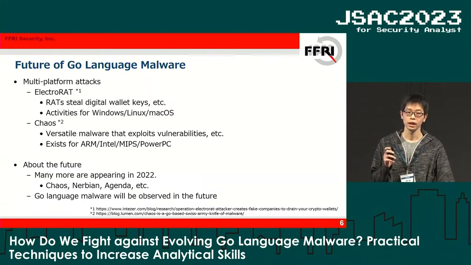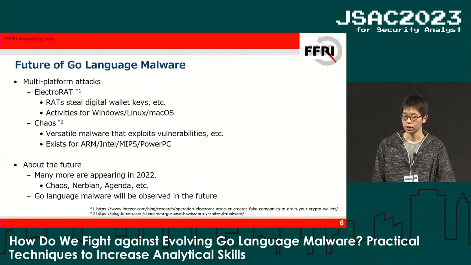In Chaos, binaries for ARM, Intel architecture, PowerPC, MIPS and other wide-ranging architectures were confirmed. Chaos was discovered in 2022, and there are other Go language malwares discovered last year.